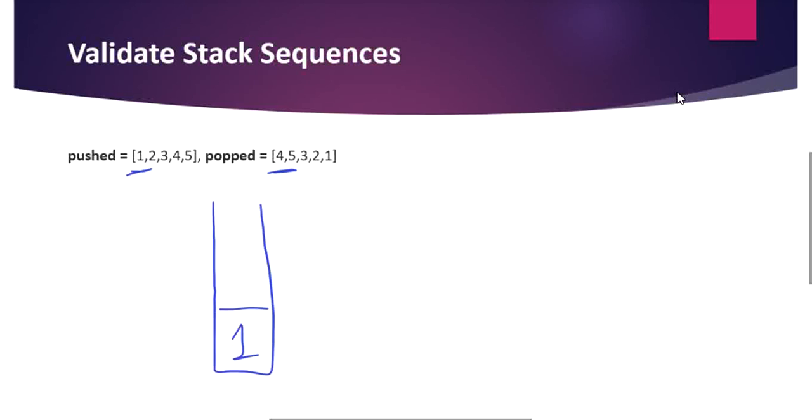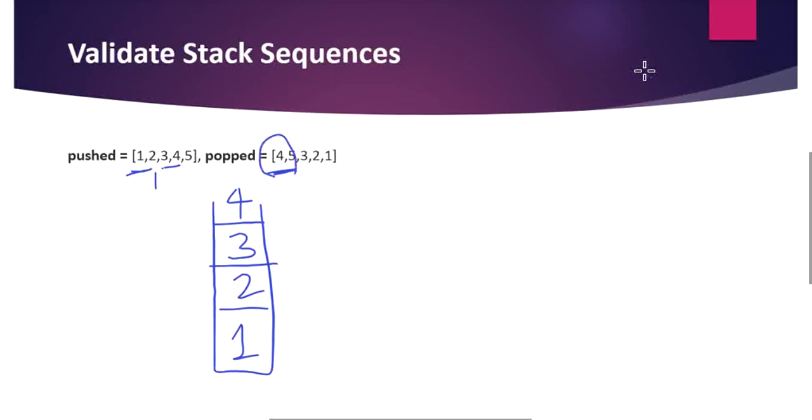No, 1 is not equal to 4, so we move to the next number and push that to the stack, and check again whether the first element of popped is the element we pushed. No, it is not the same. So we move on to the third value, push it to the stack, and compare. No, it is not there. So finally we push 4 and check whether it is in popped.